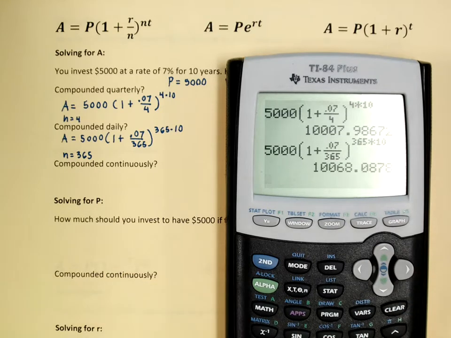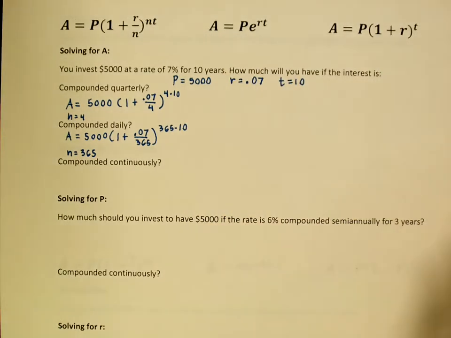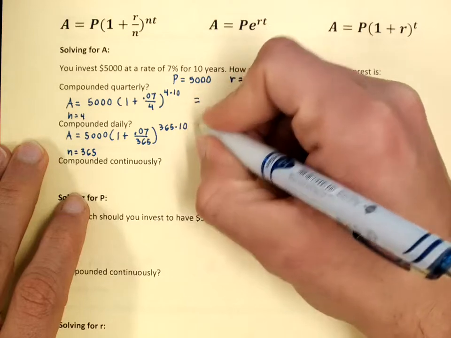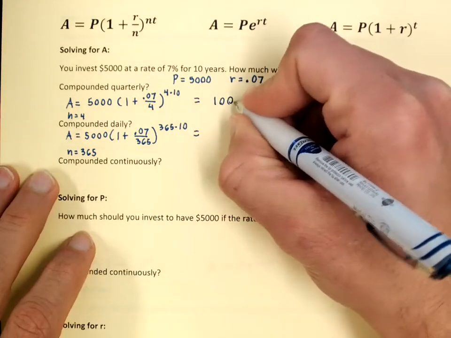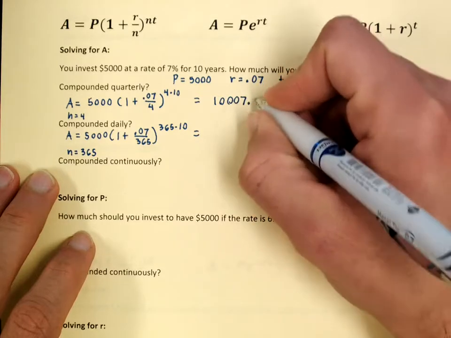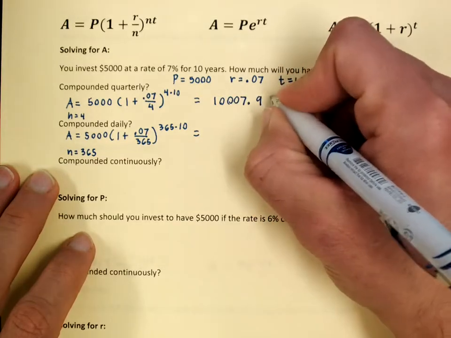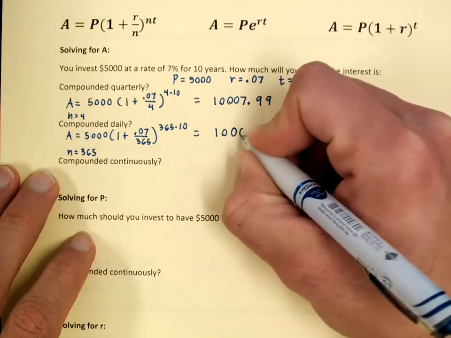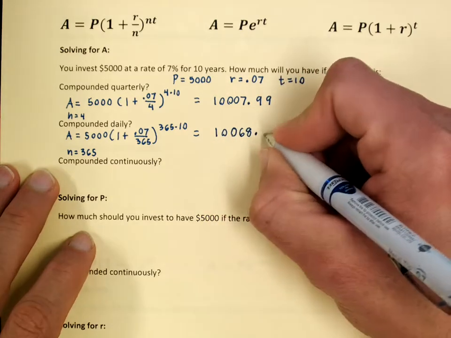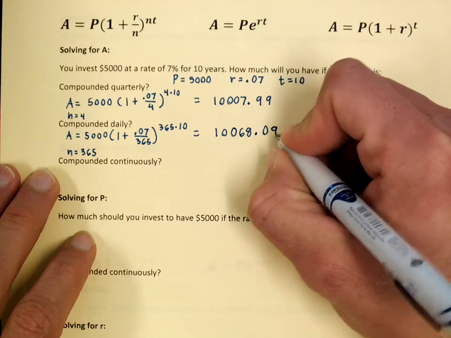Okay, so those are your two answers for that. I'm just showing you on the calculator so you can do it faster, because many of you don't have a calculator at home, so doing this in class is going to be the only chance you get. So you've got to be efficient at this.